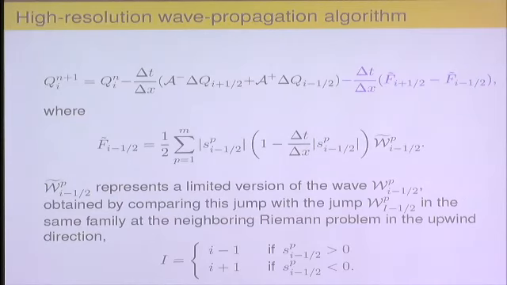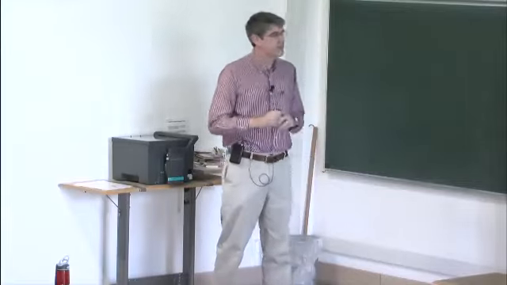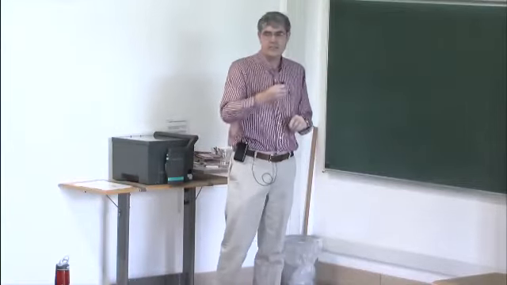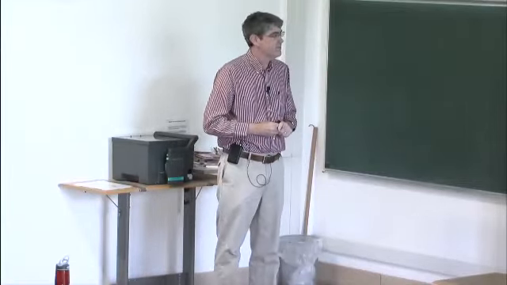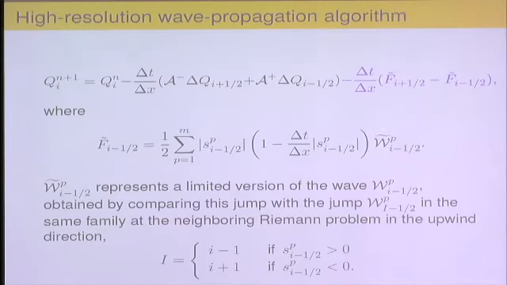You can see that it all collapses into the Lax-Wendroff. But once you introduce these limiters, then it works. It still gives second order accuracy where things are smooth, but it avoids oscillations and it avoids numerical dispersion to a large extent. And so the limiter is applied by comparing each wave to the corresponding wave in the Riemann problem, one cell upwind, either to the left or to the right.